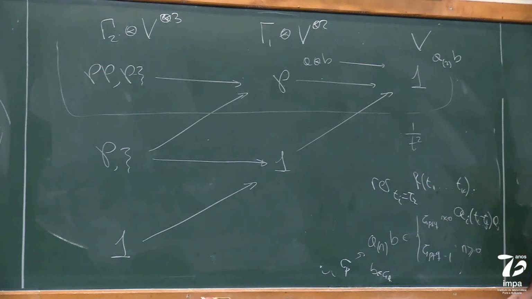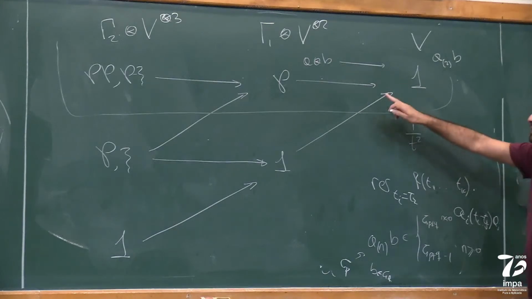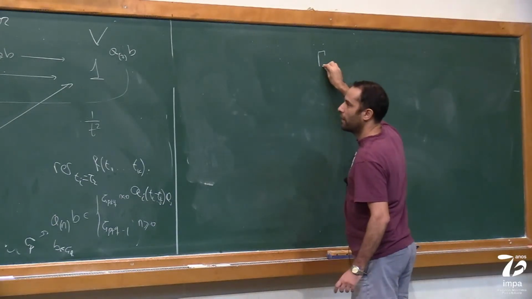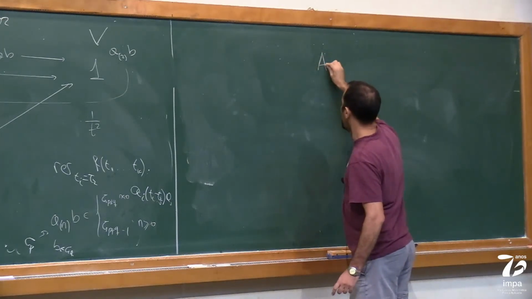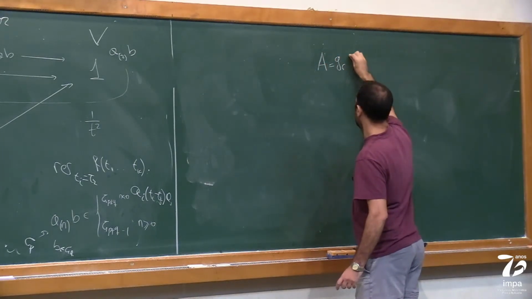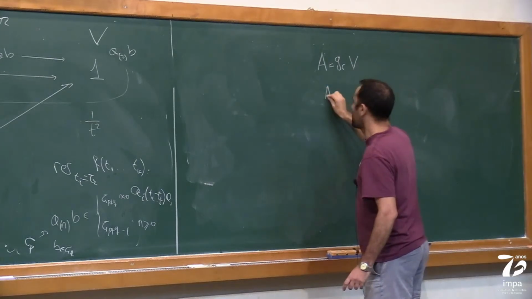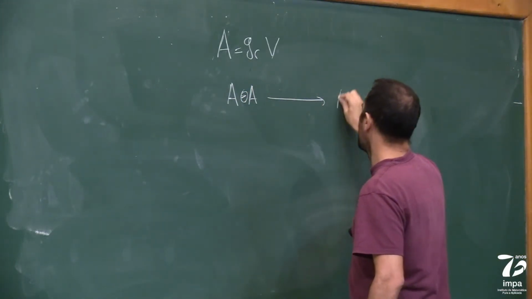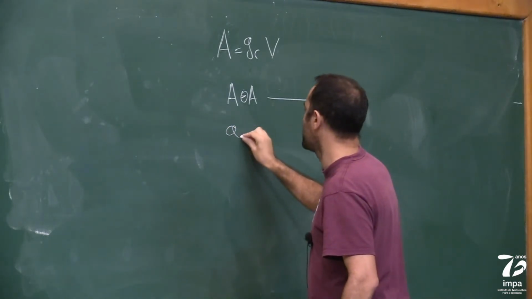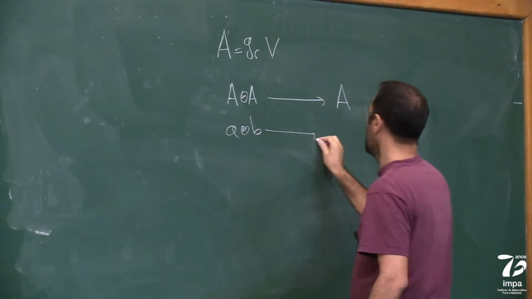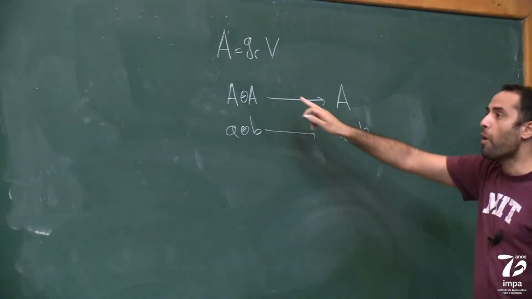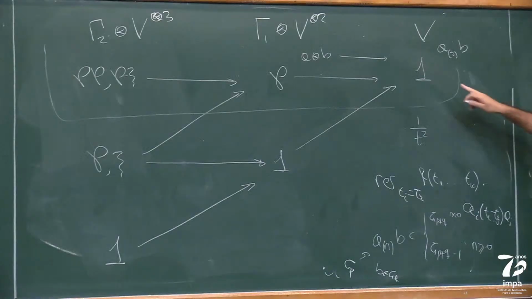It's as simple as that. So in the associated graded, that guy looks like just the associated graded of V. It looks like A tensor A, and the map is to A, and this map takes A tensor B to A minus 2B.